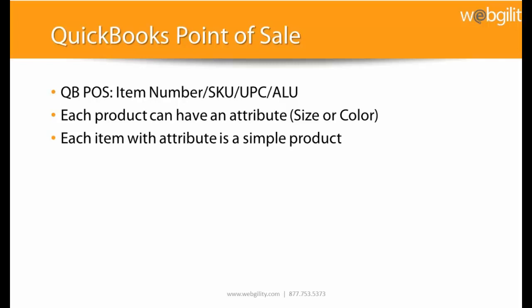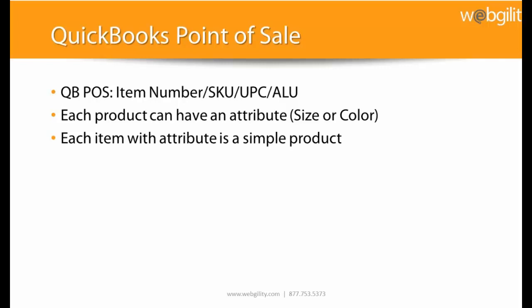So each product has an attribute, but those attributes are individual products in themselves, because I have a pair of glasses that are black. I can see them. I want to maintain quantity and account for this particular model of glasses.